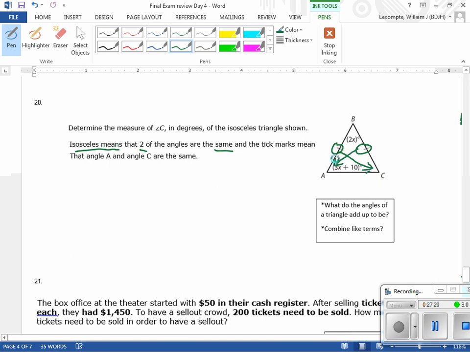So when I go to add everything up, 2x plus 3x plus 10 plus 3x plus 10 is equal to 180. So 3x plus 2x plus 3x is 8x, and 10 plus 10 is 20, is equal to 180.